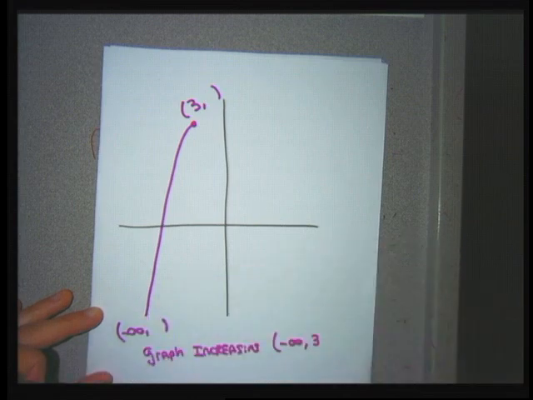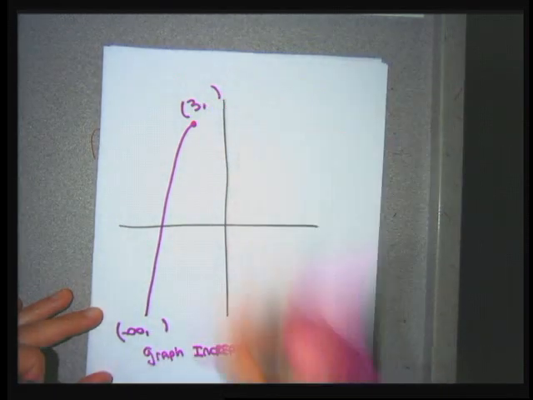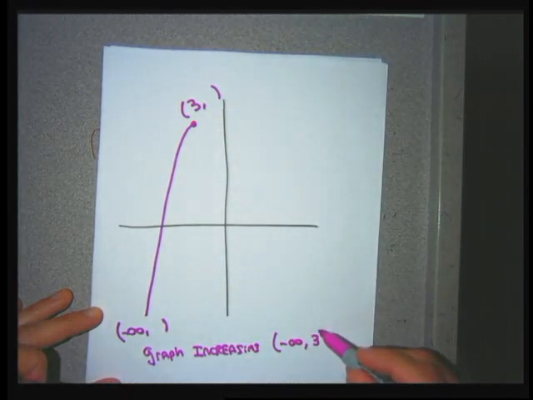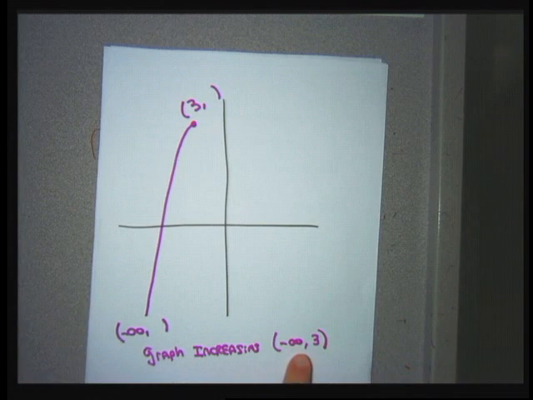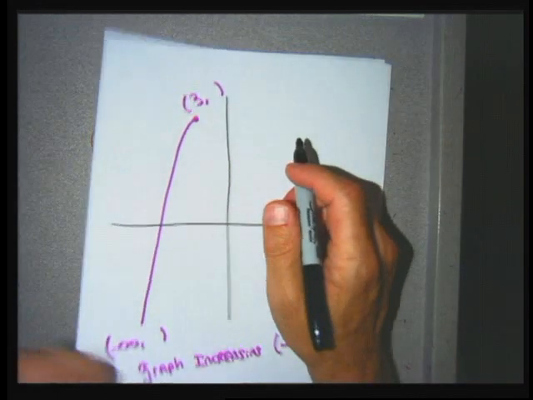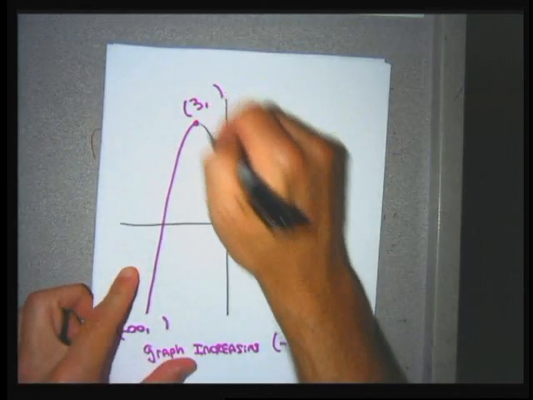And then at 3 it turns around. As I move from left to right, it's getting higher. So that's why I say it's increasing. At 3, it's turning directions. And at x equal to 3, the graph starts going down from left to right. If I continue this graph, it goes something like this.